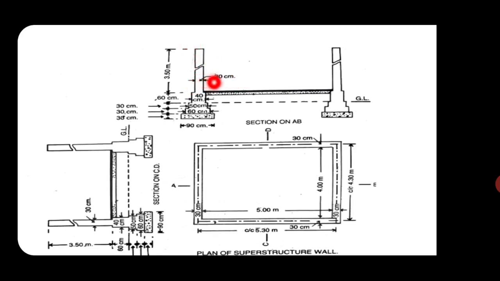The width of this work is 30 centimeter and the height of this brickwork is starting from the plinth wall up to the bottom of the roof slab. So this will be the height of the brickwork in superstructure. Okay, this is also a cubic meter item.